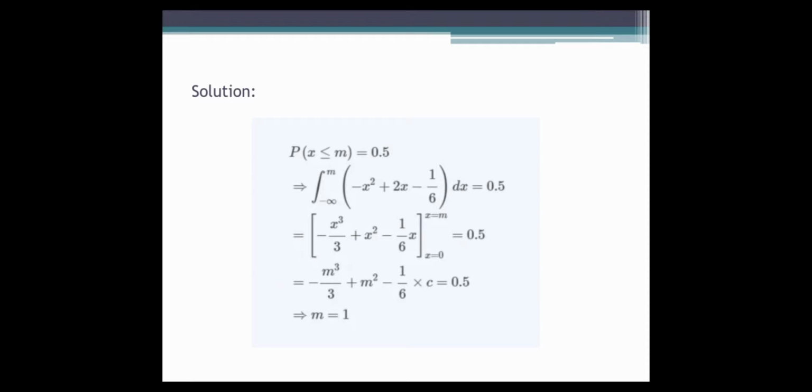Correct me if I'm wrong, if it is correct. Then, this is equal to negative median cubed over 3 plus median squared minus 1 over 6 times the median is equal to 0.5. So, the median is equal to 1. So, that is the solution. The median is equal to 1.